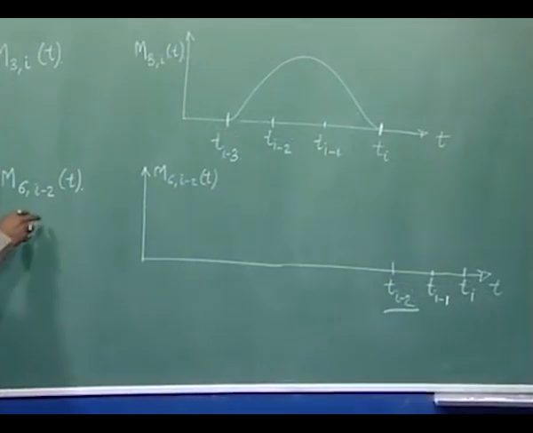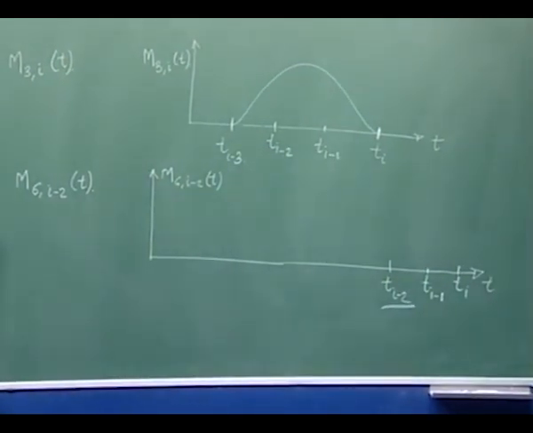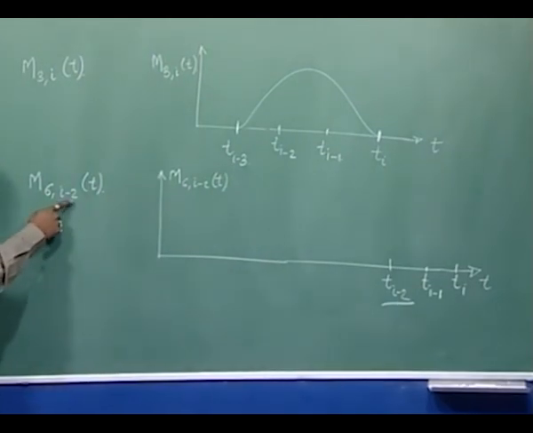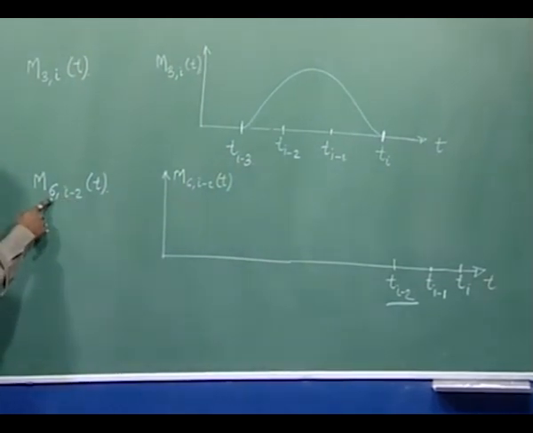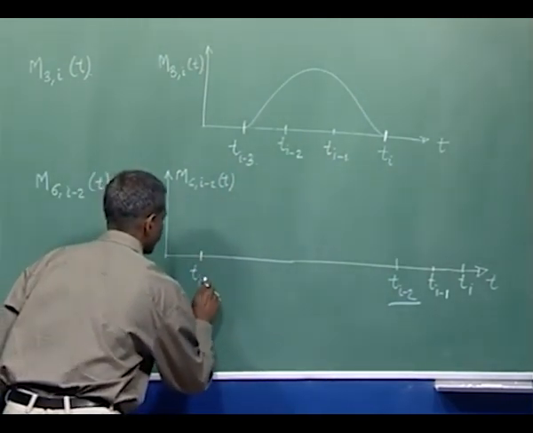How about the first knot? This would correspond to t_(i-2-6), which is t_(i-8). Let me plot this thing here.